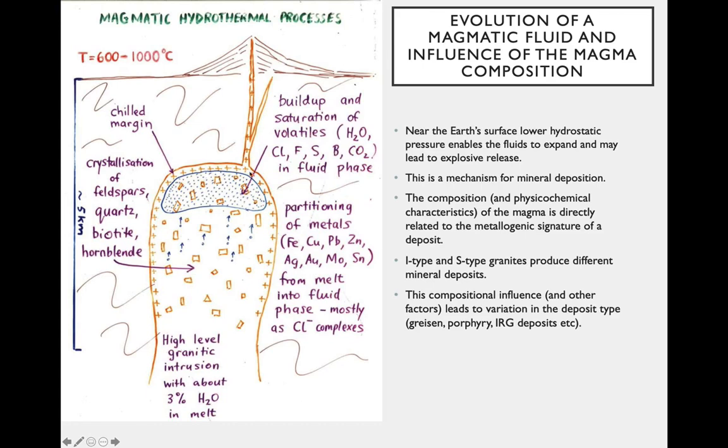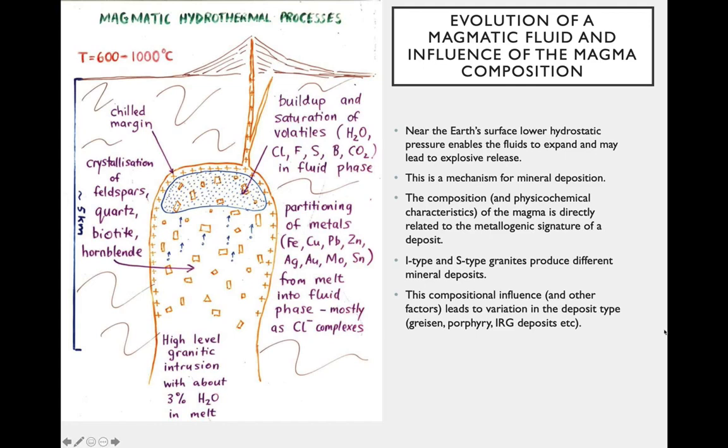So we might have sheeted veins, breccia pipes going out of this section, and this area, the top portion of this pluton, might form a greisen style or a porphyry style deposit, depending on the nature of the host granite. So you can see that the actual composition of the magma is directly related to its metallogenic potential, so if it's fertile or barren.